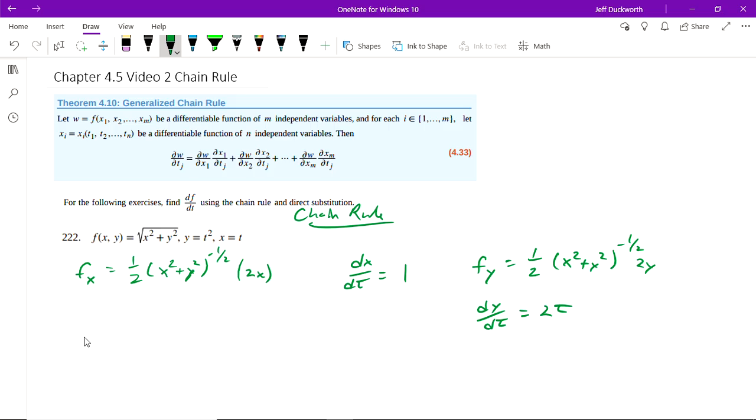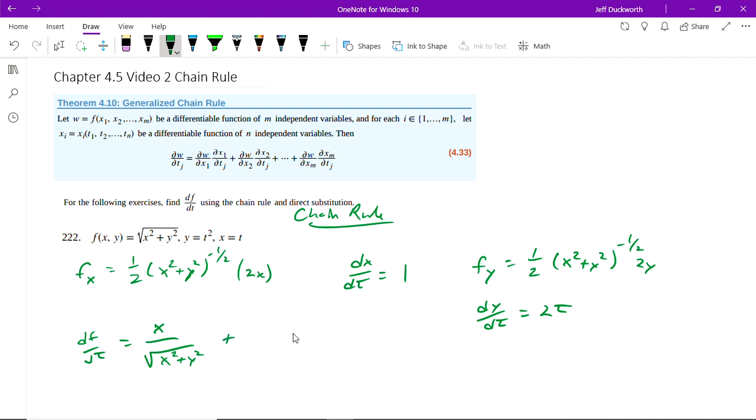So for df/dt, using the chain rule formula above, we combine all this. The 2's cancel, the 2x and the 1/2, as well as the 2t, and so forth. So we have over here x over the square root, and then that's multiplied by 1, so we don't worry about it.